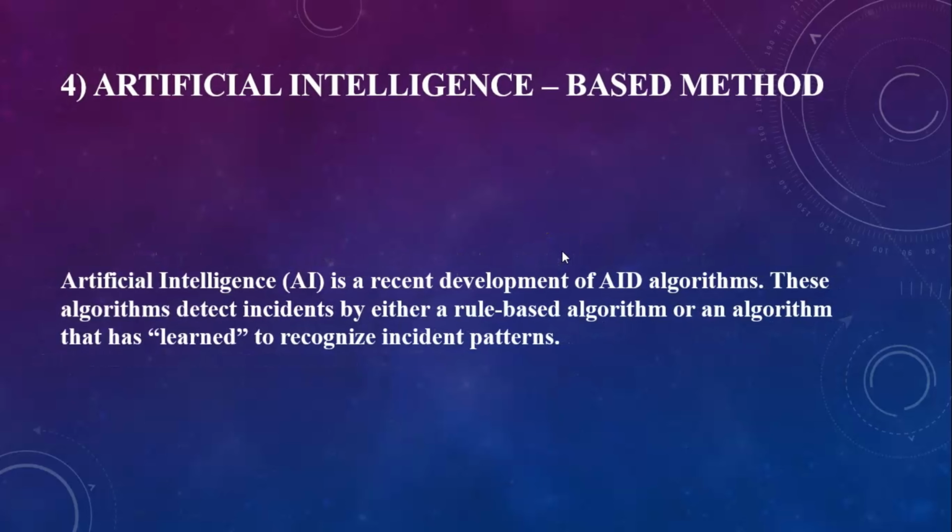So we move to the fourth method, and that is the artificial intelligence based method. This AI-based method leverages machine learning and deep learning algorithms to analyze traffic data and detect incidents automatically. And I think this is one of the widely used methods in the 21st century.